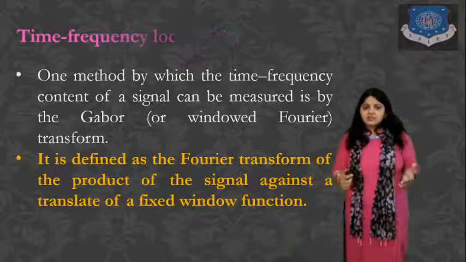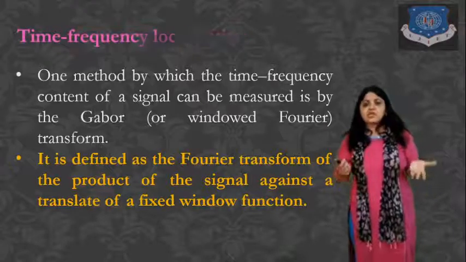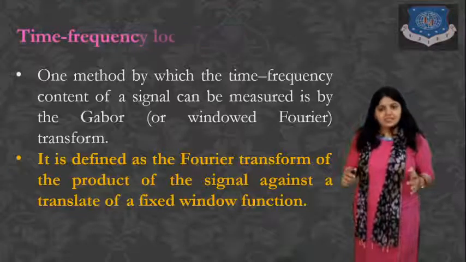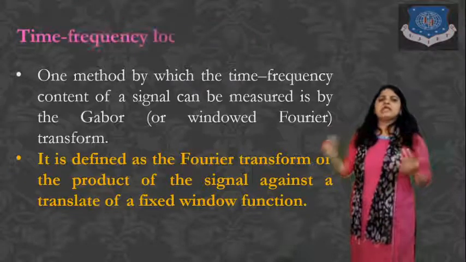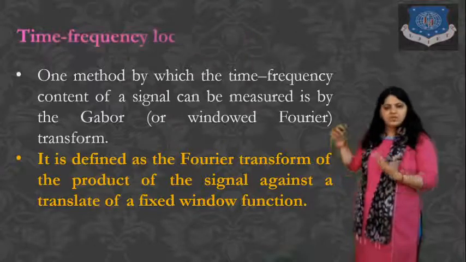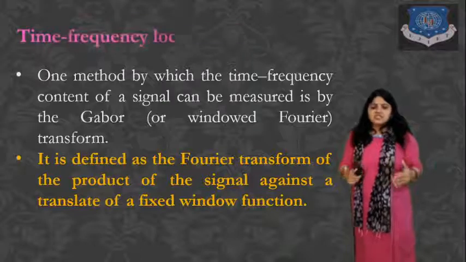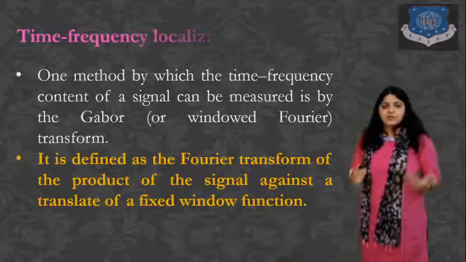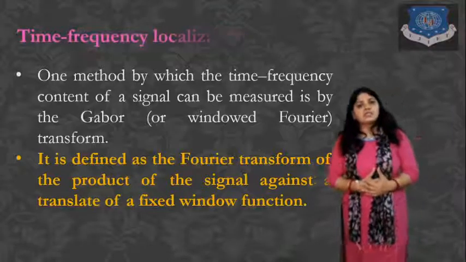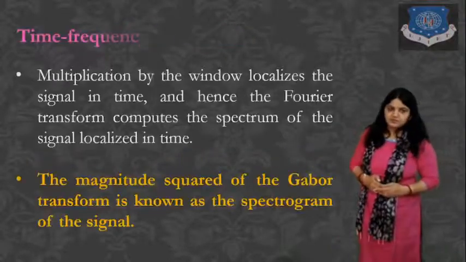Now the method by which the time frequency content of the signal can be measured was the Gabor method. This Gabor method is also known as the windowed Fourier transform. It is defined as the Fourier transform of the product of the signal against a translate of a fixed window function.